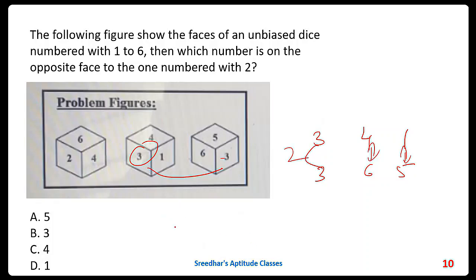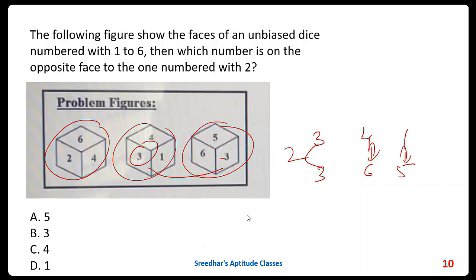I think these are not possible. It seems the question is incorrect, because I don't think these are possible views of the cube. If these were possible views of the cube, we would not get different answers for different pairs of views. When I take views 1 and 2, I'm getting one answer, that opposite to 2 is 1.